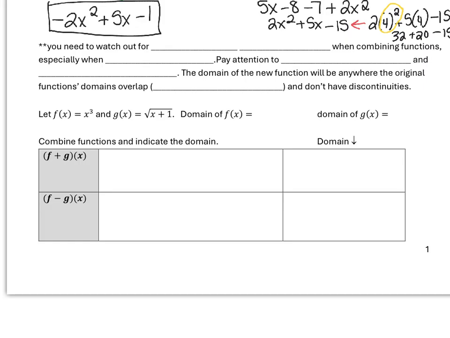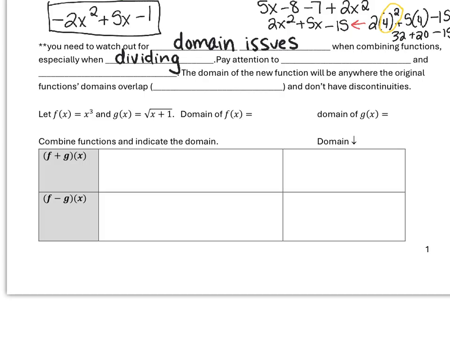As always, you need to watch for domain issues. We're always watching for domain issues when you combine functions, especially when, which operation do you think is going to present us with domain issues? Addition, subtraction, multiplication, or division? Division. Okay, so especially when dividing, because you're going to end up often with an x in the denominator, and we know that that is a problem.